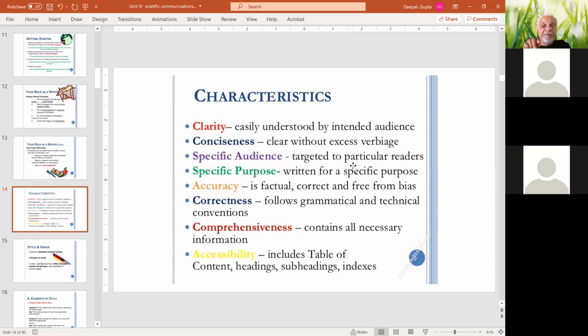And it should be accessible, means it should have all the contents of the document which are required, like in terms of data, tables, headings, subheadings.